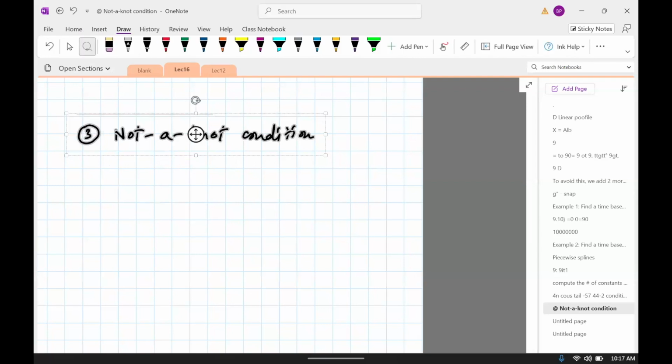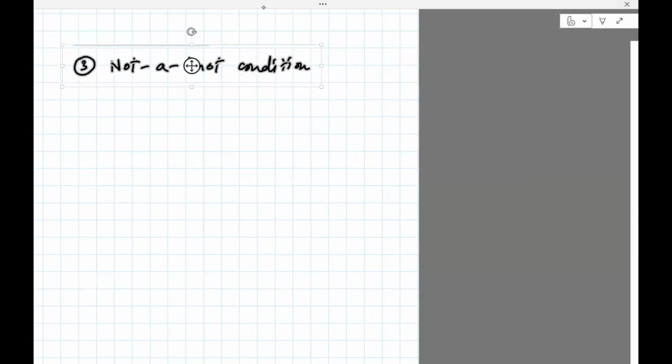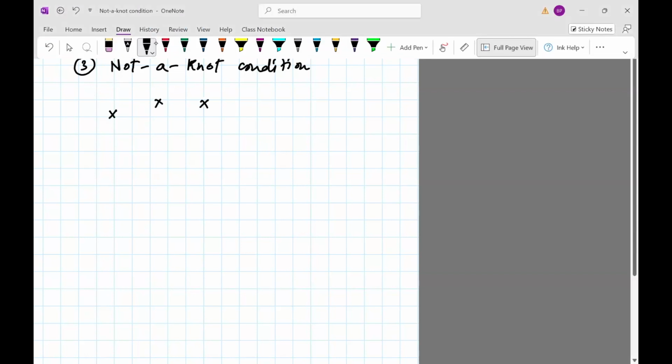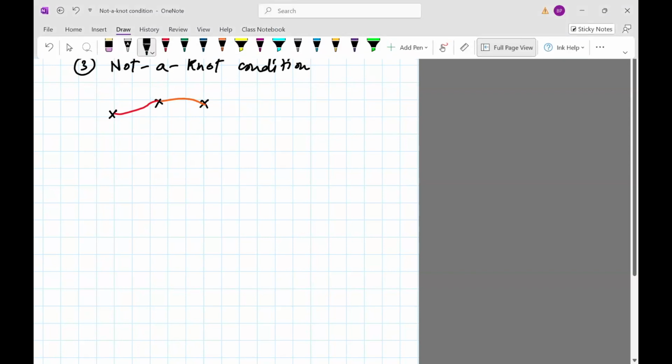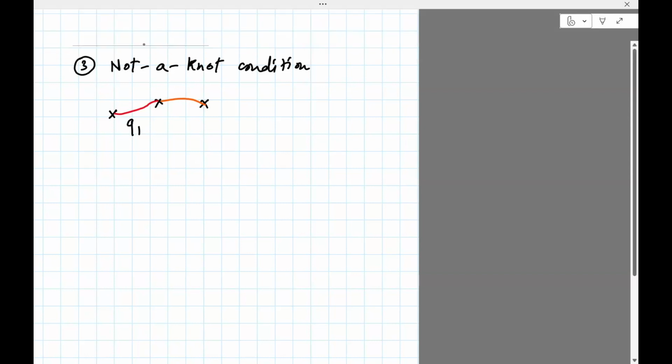Let me draw figures. This one does the following. Let's draw these, and then we call this Q1, we call this Q2. So those are the polynomials Q1 and Q2, and this was T0, T1, T2.